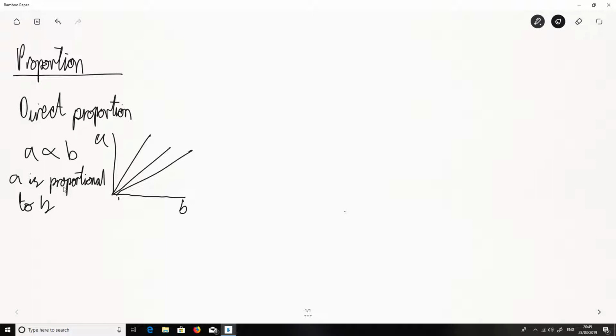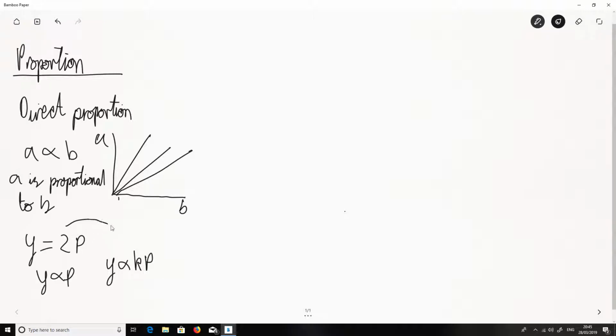For example, if you have an equation instead of a proportionality, y equals 2p, this can also be shown as a proportionality relation, where y is proportional to p, like that. Now, in this case, you have a constant of proportionality. So a constant of proportionality is what factor makes the two relate.